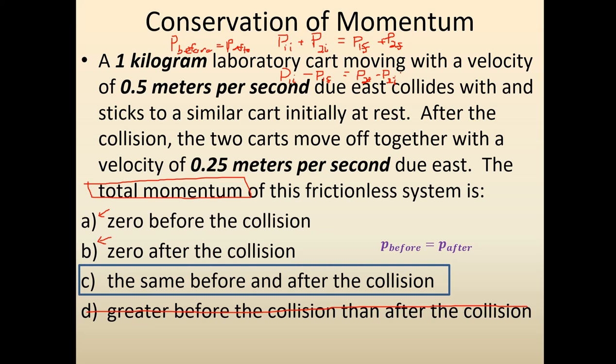Final momentum minus initial momentum can be rewritten as delta P2. And then over here, this is initial minus final. So that's opposite order. So this would be rewritten as negative delta P1.